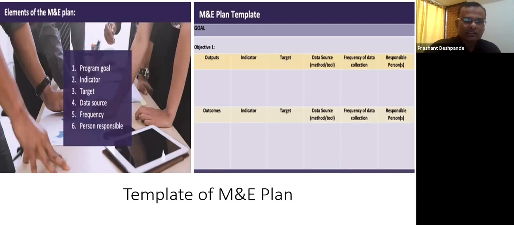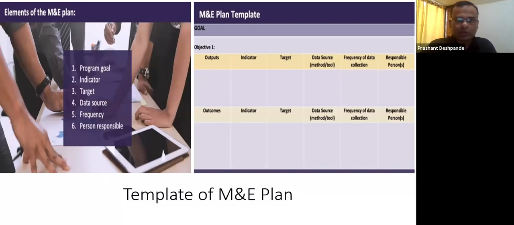Many organizations, many funders, many donors have different types, different templates. But commonly, these are the key elements of an M&E plan. We have program goal, then indicator, target, data source, frequency, and the person responsible.